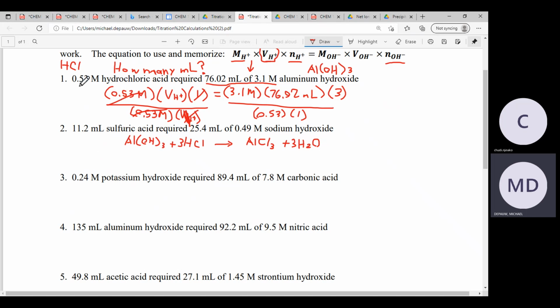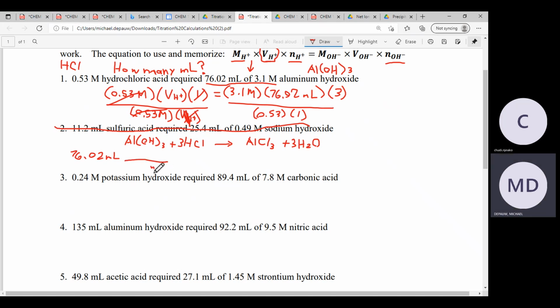Then I would take, so I'm doing the same problem we did. I'm doing problem 1, not number 2. But then what I would do at this point is I'd take the volume and the molarity that I'm given and use that. So I would take 76.02 milliliters.